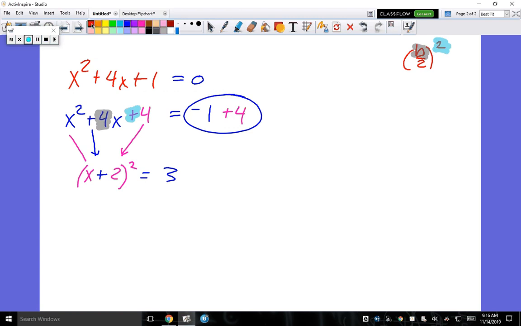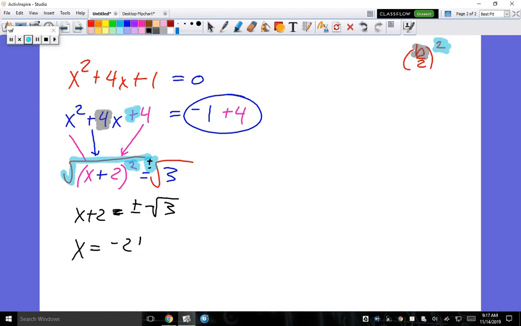Next step, we're going to take the square root of both sides, which means this cancels that, the square root will cancel that squared. Just remember, we have to put what there? Positive and a negative. It's very close to the quadratic formula. So I'm left with x plus 2 is equal to plus and minus the square root of 3. Now when I subtract this 2 from both sides, I'll get negative 2 plus or minus root 3, which, yes, we have two answers.